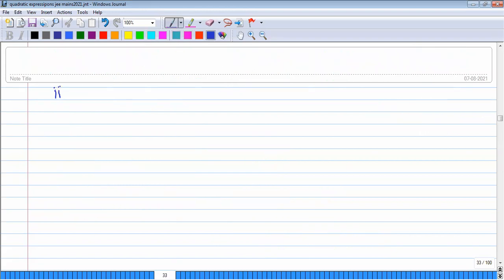Second one: 12x minus x square minus 32. So just by observation, tell me, does it have minimum or maximum value? a is less than 0, so it is f maximum, and we need to substitute.